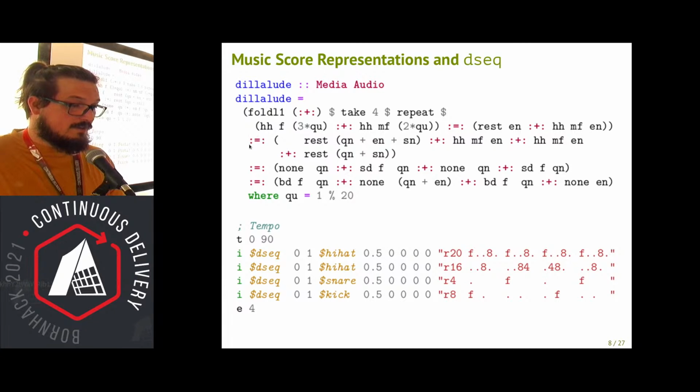This one here, which is the at the same time operator, and this one, which is the in sequence operator. And I have typed in here the hi-hat part for the transformed rhythm, and I play it at the same time as my transformed snare drum pattern and my transformed bass drum pattern.